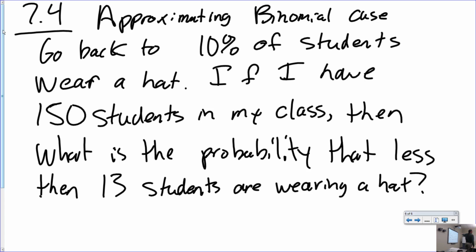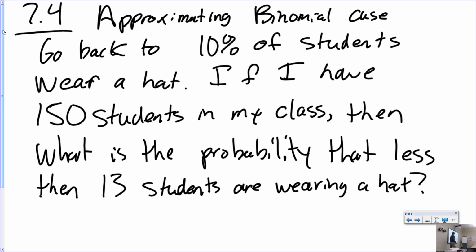But what I want to do is use what we just learned to approximate this using a continuous z case instead of going through that big, nasty binomial probability calculation that we normally would use.